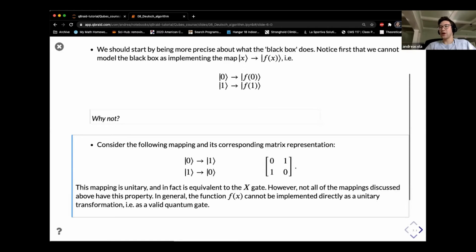One way to see it is that it does not preserve the norm of vectors.